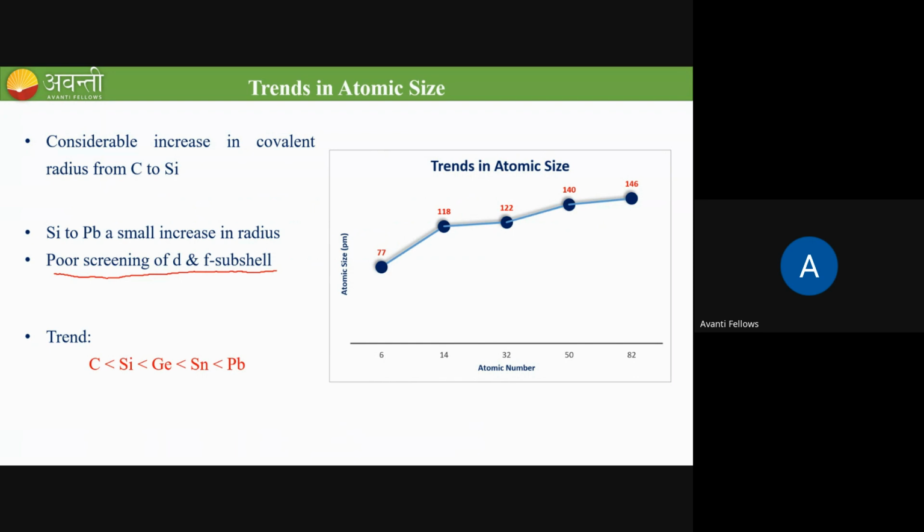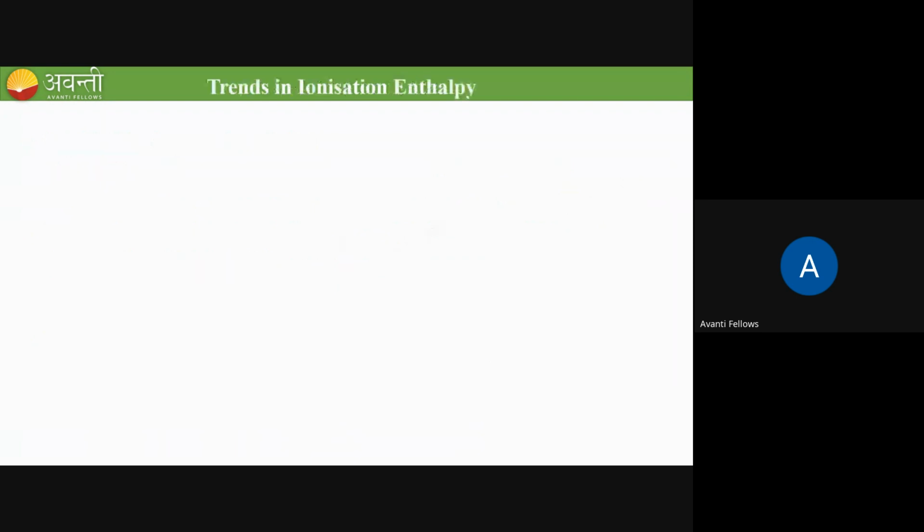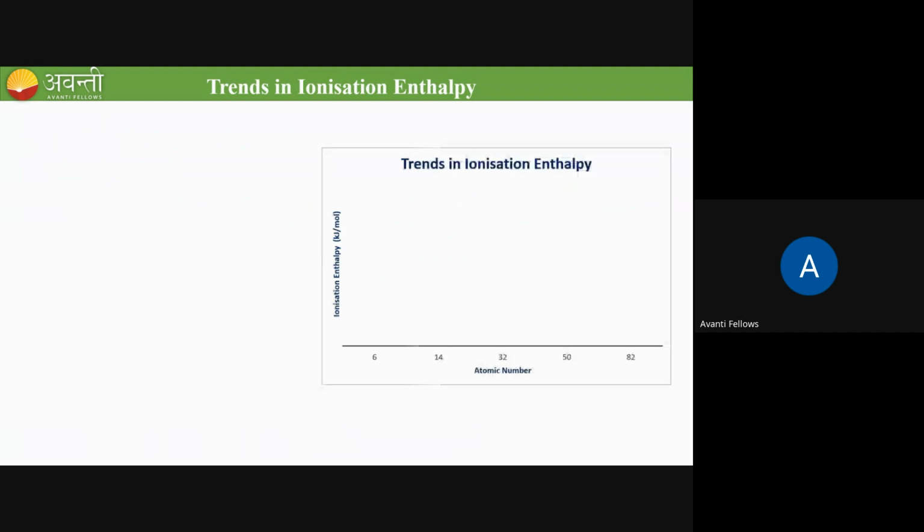Now we will go with the second property, that is ionization energy. As I've already told you, ionization energy is the energy required to remove the outermost electron from an isolated gaseous atom. Let us see the trend. Atomic size is inversely proportional to ionization energy.